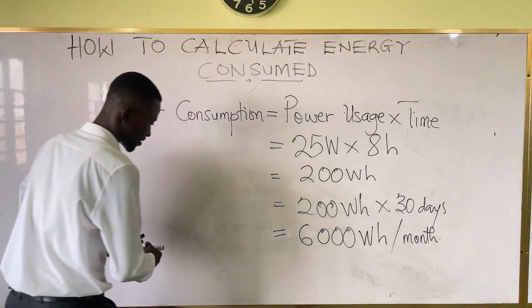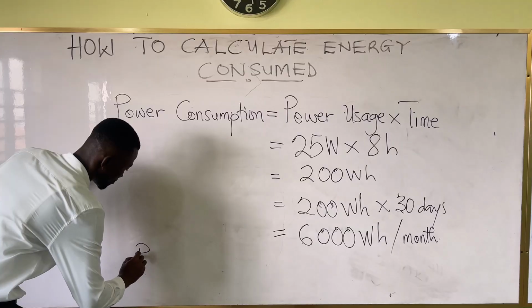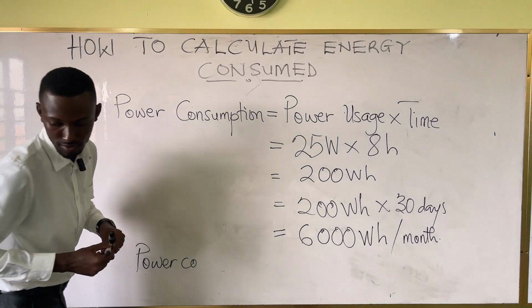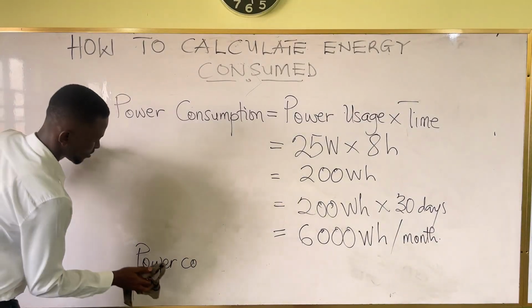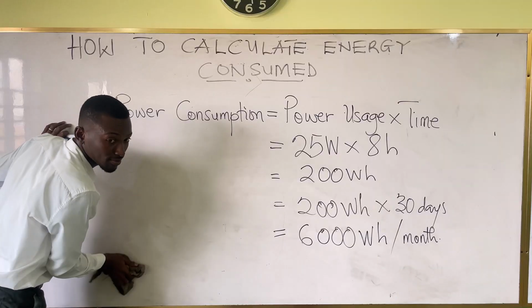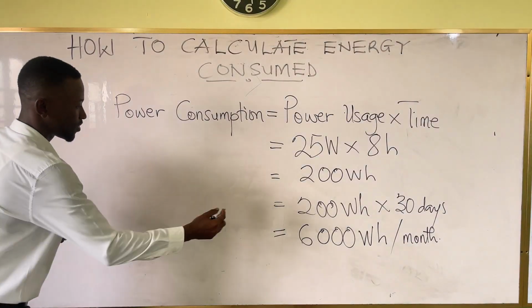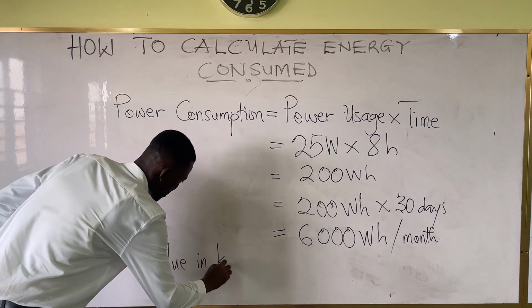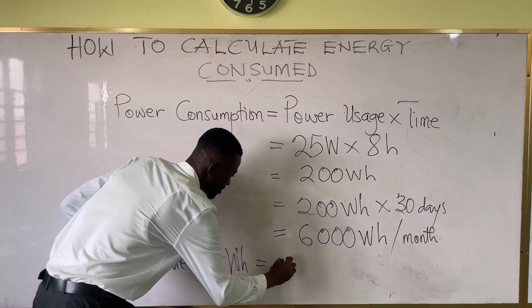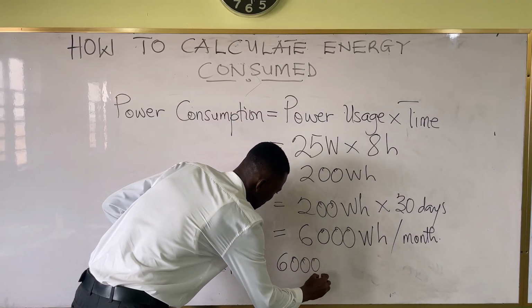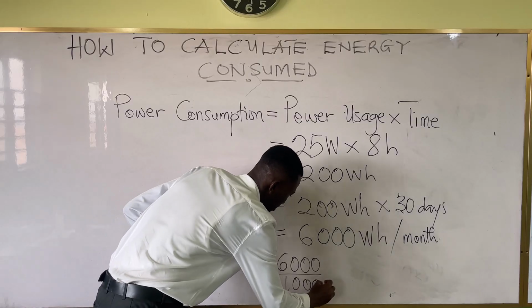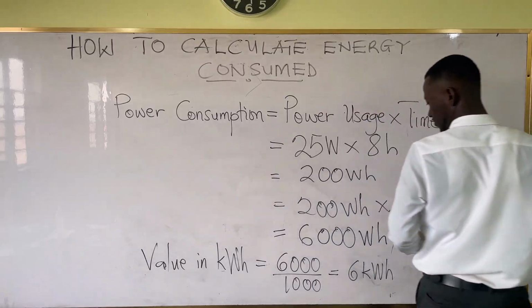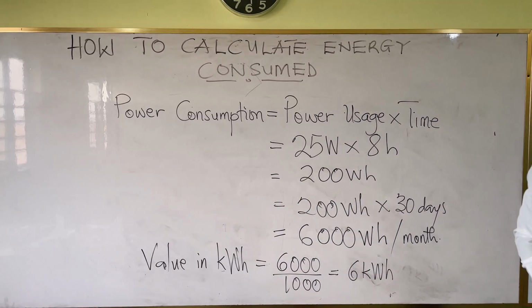The value in kilowatt hour will be 6,000 divided by what? 1,000. That gives us 6 kilowatt hour. I hope that's clear.